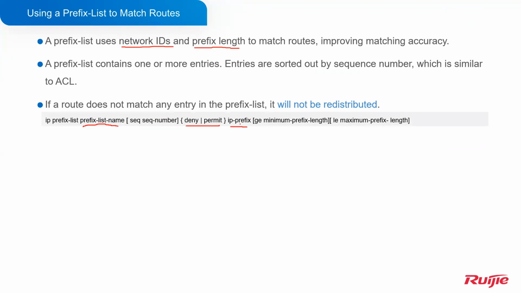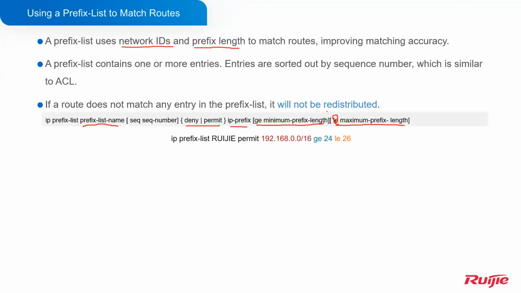You set the IP prefix here, the network ID, and the last two parts are used to control the mask length. GE represents greater equal, and LE means less equal. For example, greater equal 22, less equal 23. So the mask length could be 22 or 23. It's used to limit the mask length.